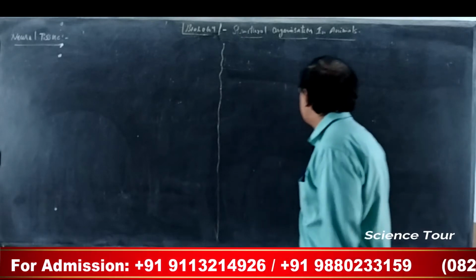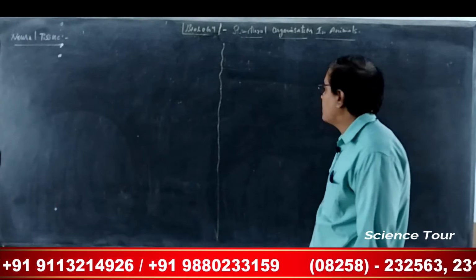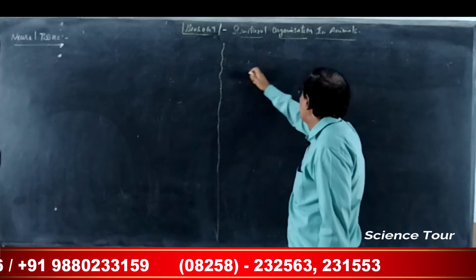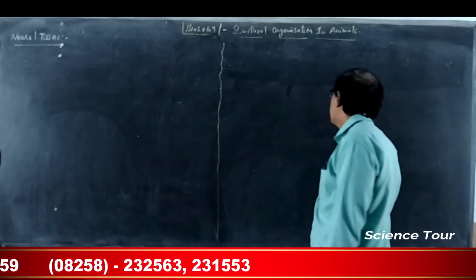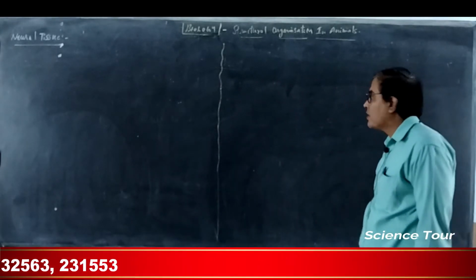Let me draw the diagram of this neural tissue first, then I will explain to you. So note down the diagram, very important for 5 marks.